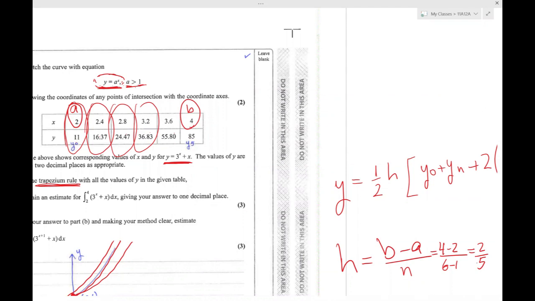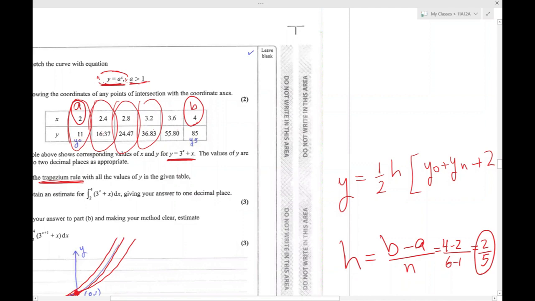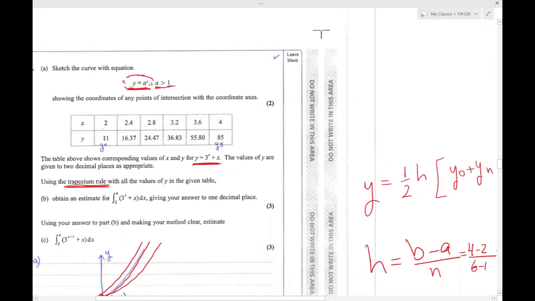Sorry guys. So it's 2 over 5, and we have to multiply it by half. As for the y's, each value for y is represented by y0 till yn. So in here I have 1, 2, 3, 4, 5, 6 y's, but we always start with y0.